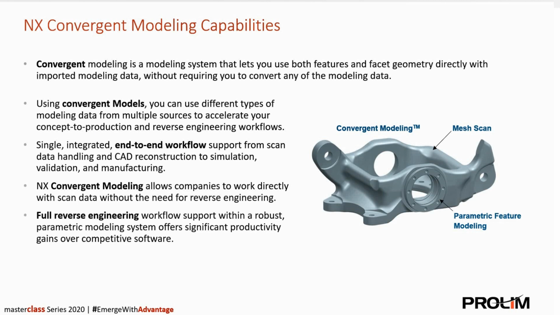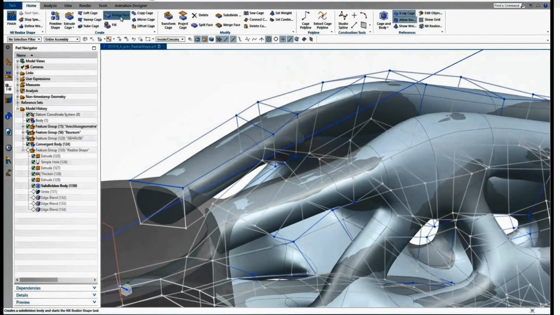Using Convergent Modeling, you can ensure an end-to-end workflow from scan data to the manufactured product. It's a single environment to deal with multiple kinds of data. Convergent Modeling allows the company full reverse engineering workflow support within the robust parametric modeling system, allowing significant productivity compared to other applications.